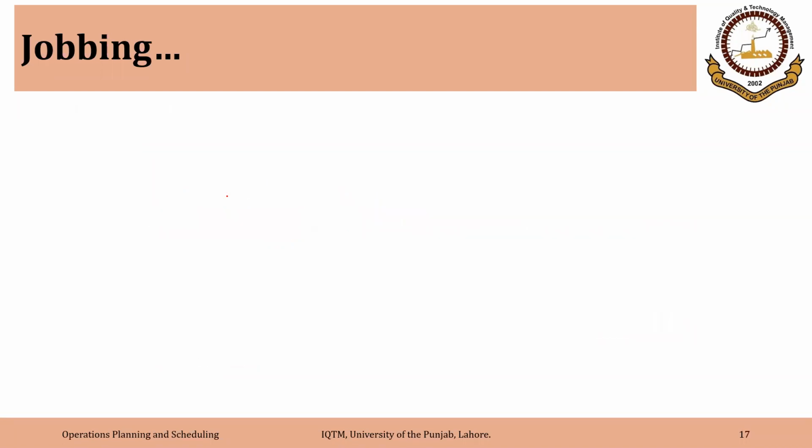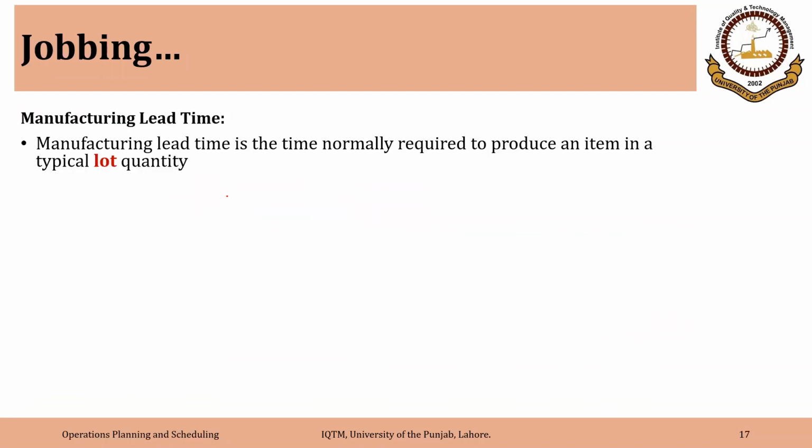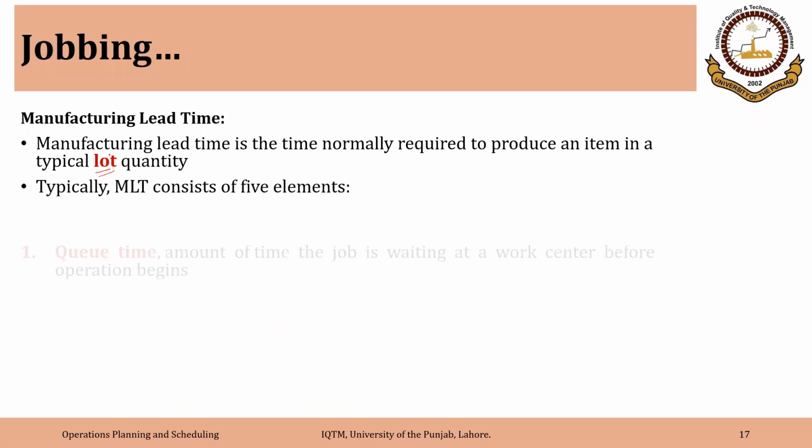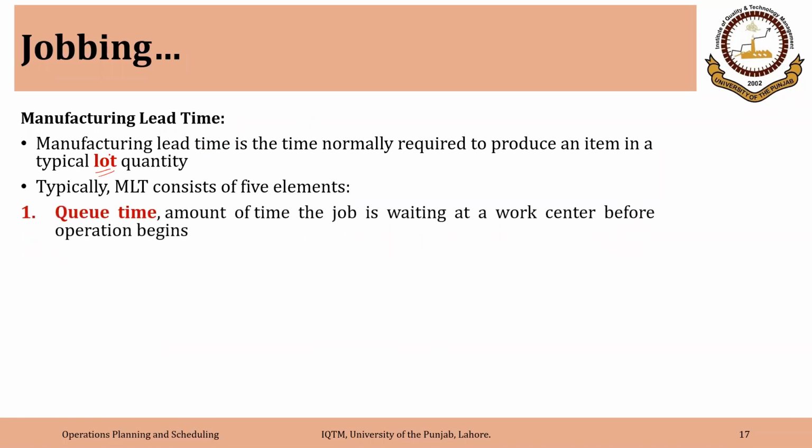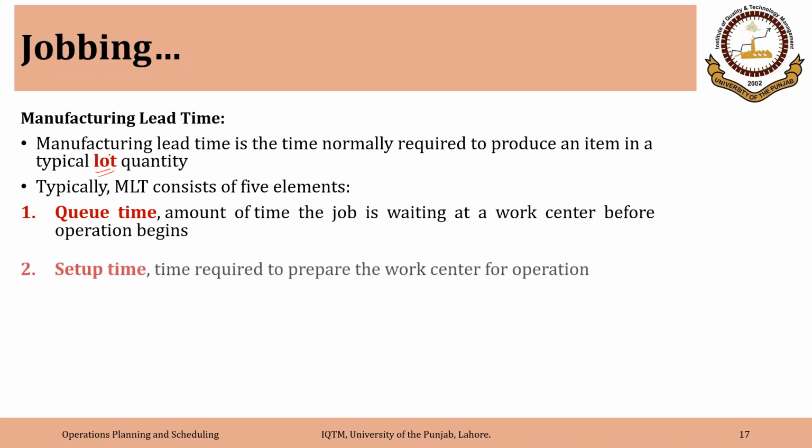So let's formally define these. So manufacturing lead time is the time normally required to produce an item in a typical lot quantity. So this is an important point that this is the time required to make a certain quantity of a product. So queue time is the amount of time the job is waiting at a work center before operation begins.